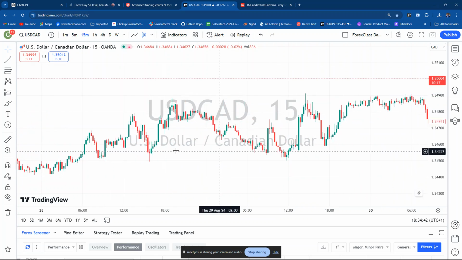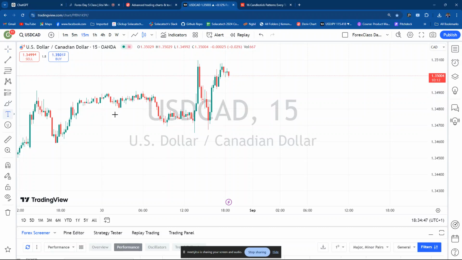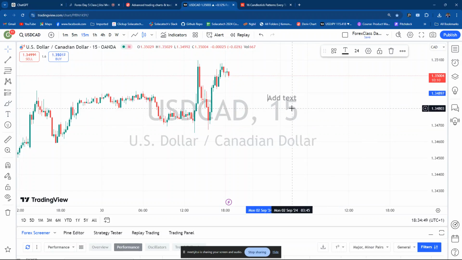I even forgot to mention, every candle has, let me use text, so you see. Alright, note. Every candle has an opening and a closing. So let me type.